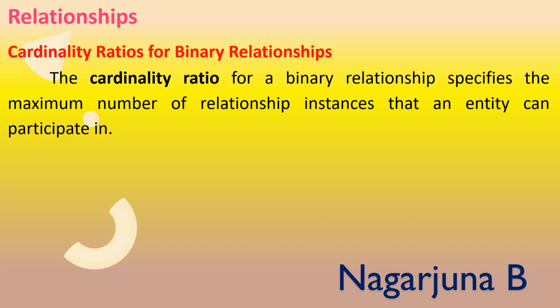So the cardinality ratio for a binary relationship specifies the maximum number of relationship instances that an entity can participate in. That means how many entities should be related to how many entities in a relationship instance.